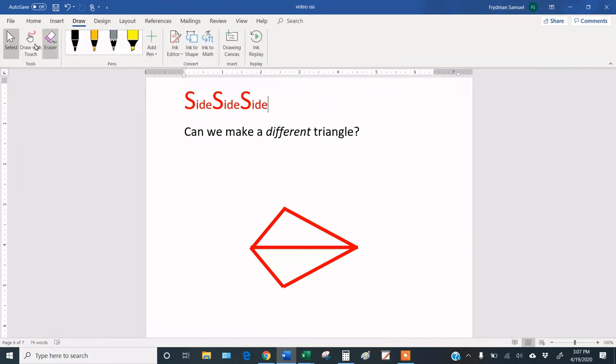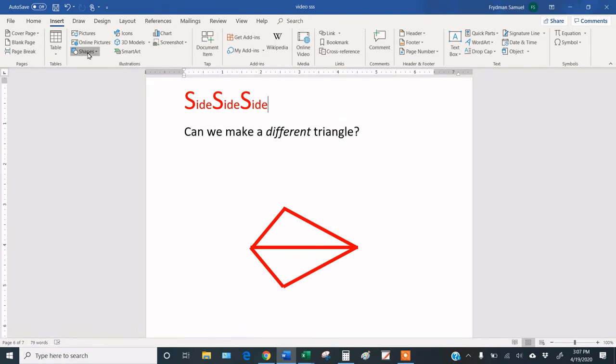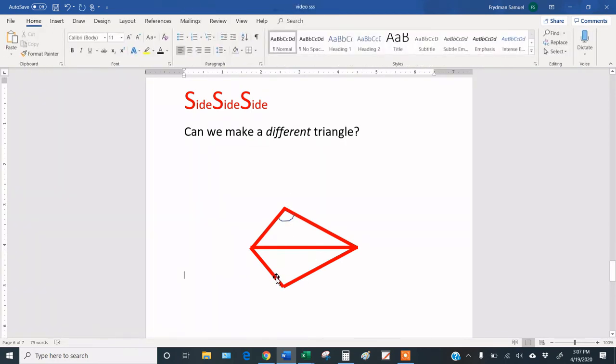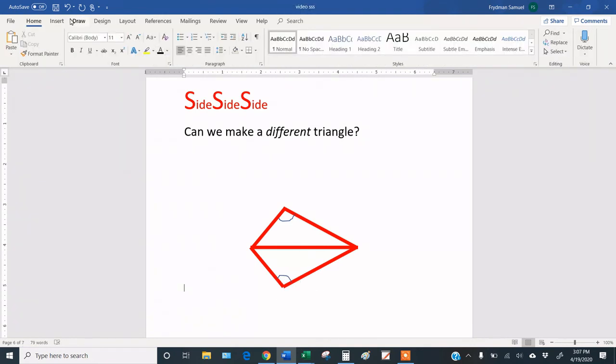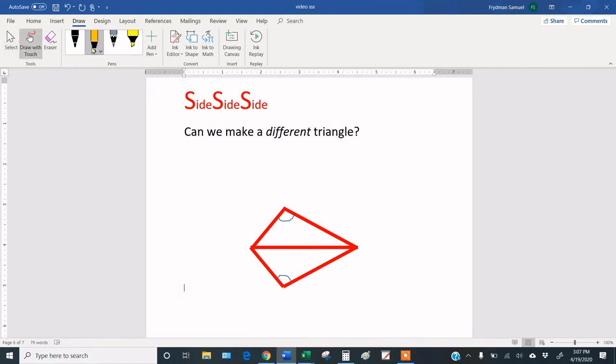So, in other words, this angle is the same as this angle over here. And, well, let me try this. This angle is also the same as this angle.